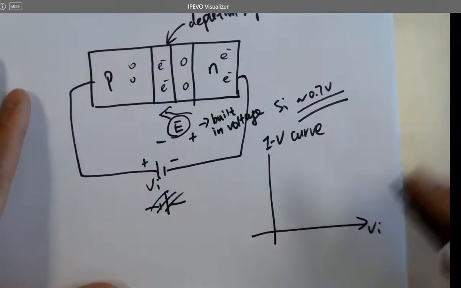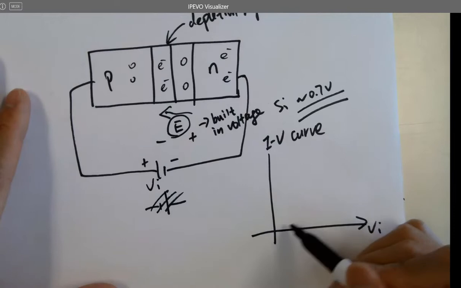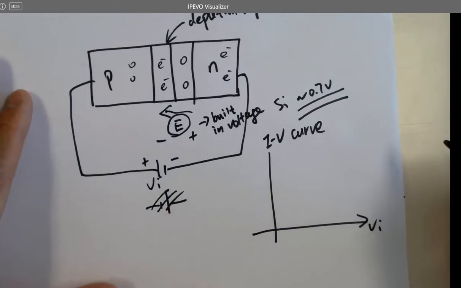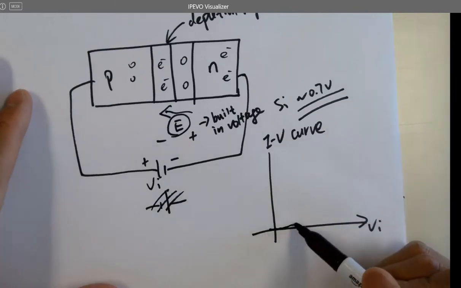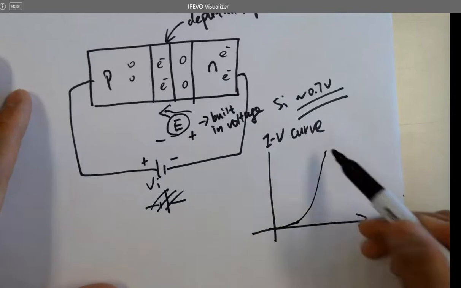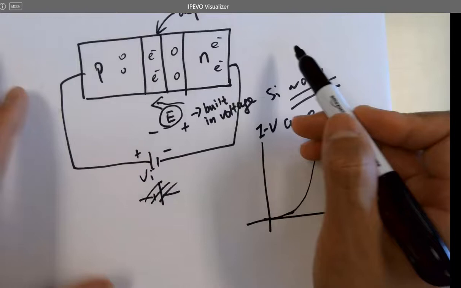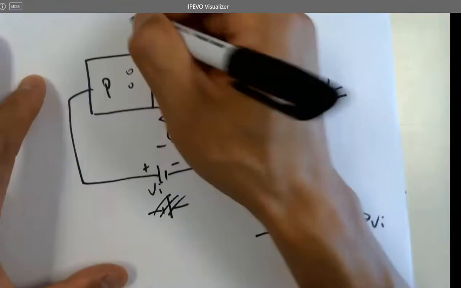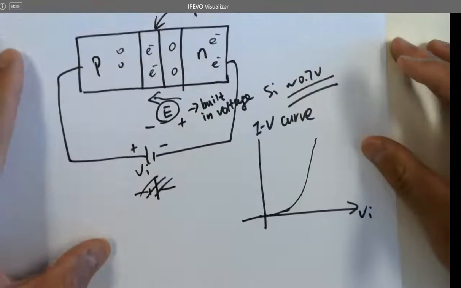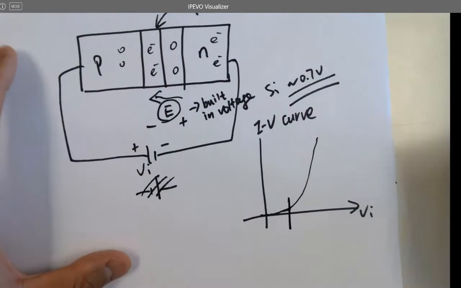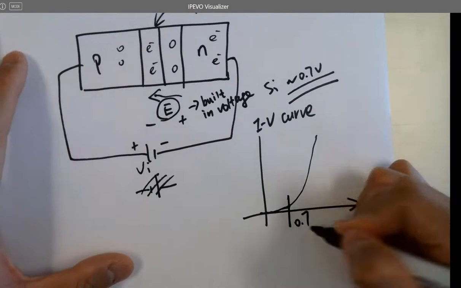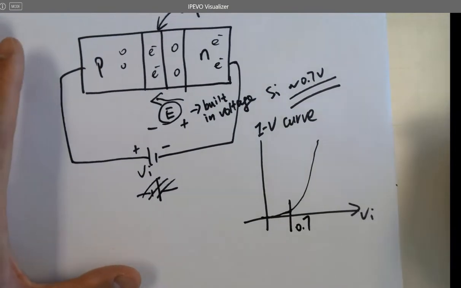And if you start increasing the voltage, what's going to happen to the current? It has to overcome that 0.7 volts and then start getting a lot of current flowing that way, right? Because that's a diode. And what's this voltage? Yeah, that's like a threshold voltage.